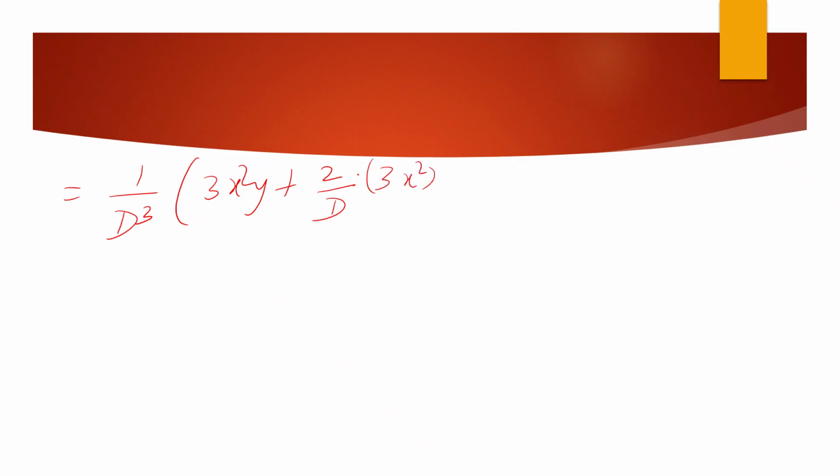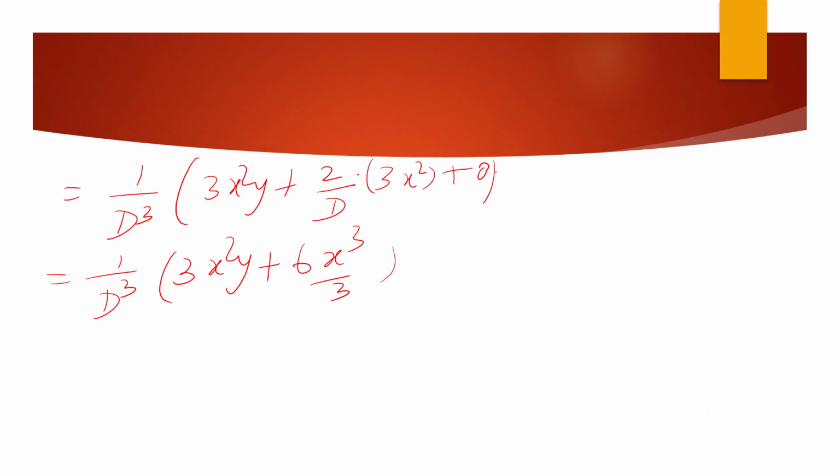In the next term, D dash square means dou square by dou y square, which cannot be found for this function, since the power of y is 1, so that becomes 0. So from this we get 1 by D cube of 3x square y plus 1 by D of this term, which is 6 x cube by 3.